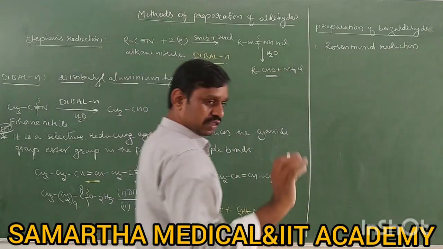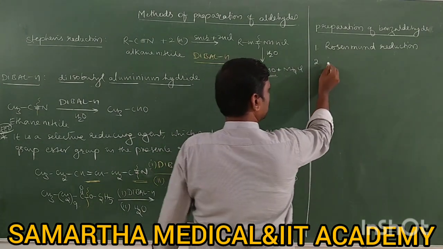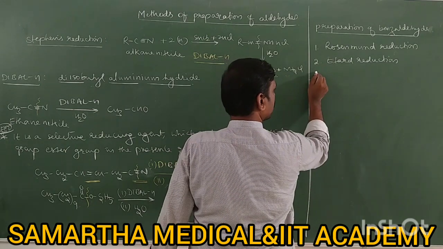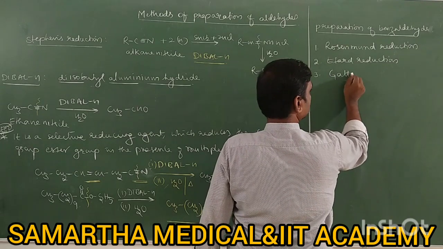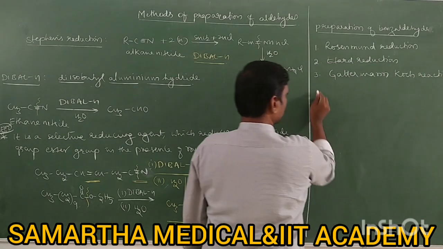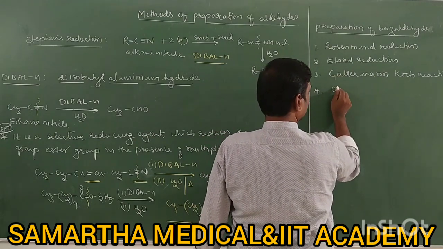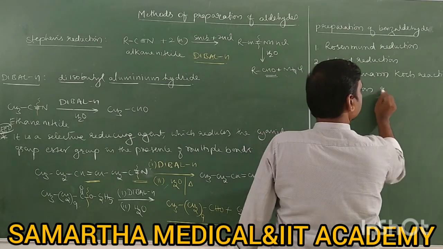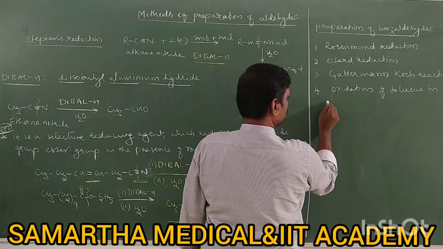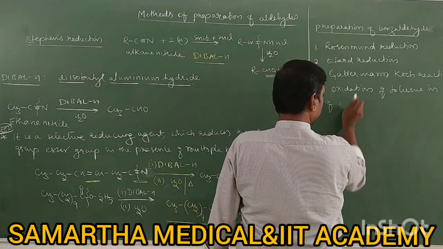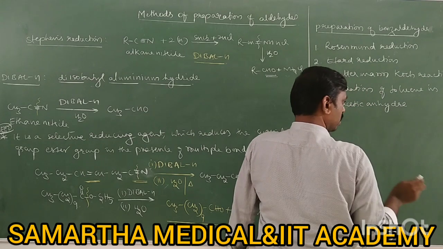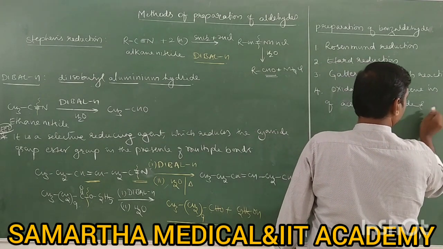All the name reactions are important, last class I told you. 2, Etard reaction, second name reaction. 3, Gattermann-Koch reaction. 4, oxidation of toluene in the presence of acetic anhydride and anhydrous chromium trioxide.